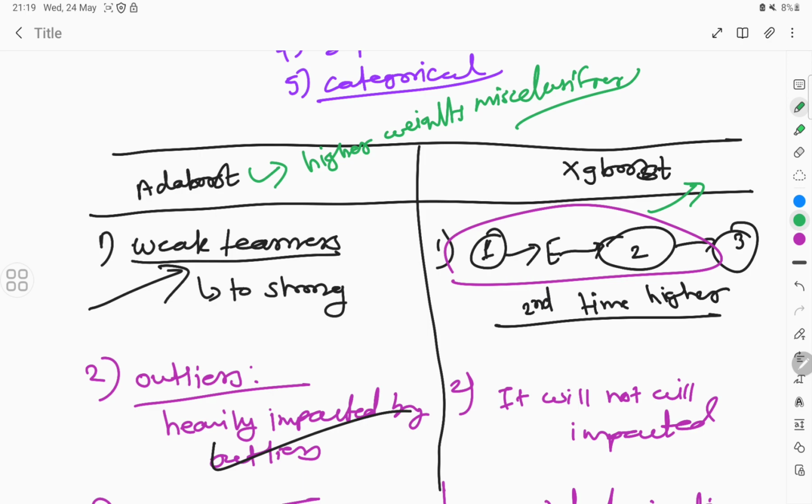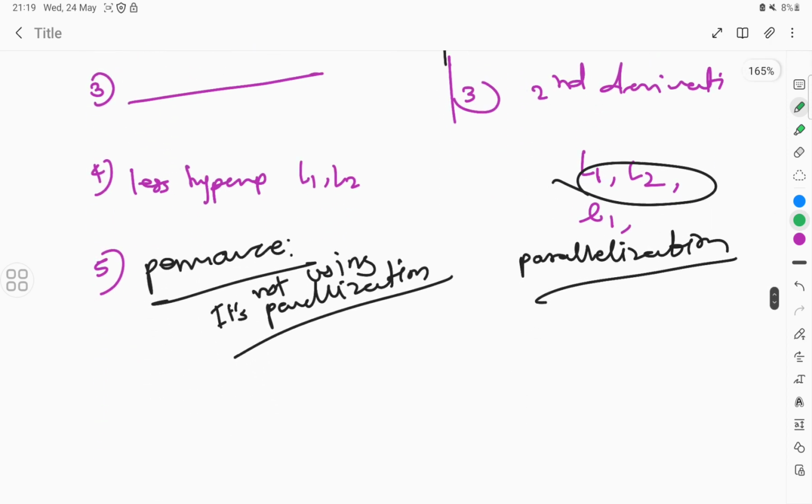So please remember that one. AdaBoost can work with any base learner such as a decision tree, while XGBoost uses a specific base learner called a decision tree with gradient boosting. So in XGBoost, gradient boosting is necessary, but in AdaBoost it's not necessary. Okay, so all those are the differences.